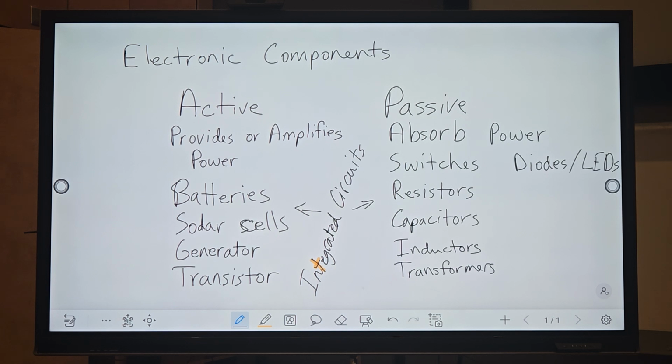There's quite a wide variety of integrated circuits that are available. You'll get into learning basic logic functions in digital logic if you haven't taken it already. But there are two general categories of electronic component, active and passive.